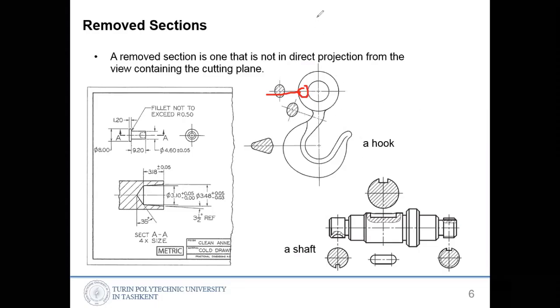So here three examples are shown. This one is used like this plane to cut, and what we see, so this is the direction of watching, seeing. What we see is drawn here. Section AA, and 4 times is multiplied.